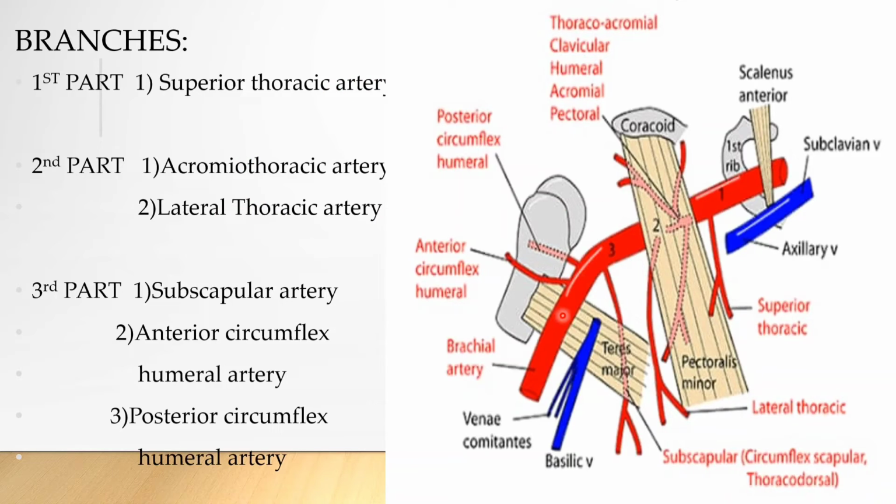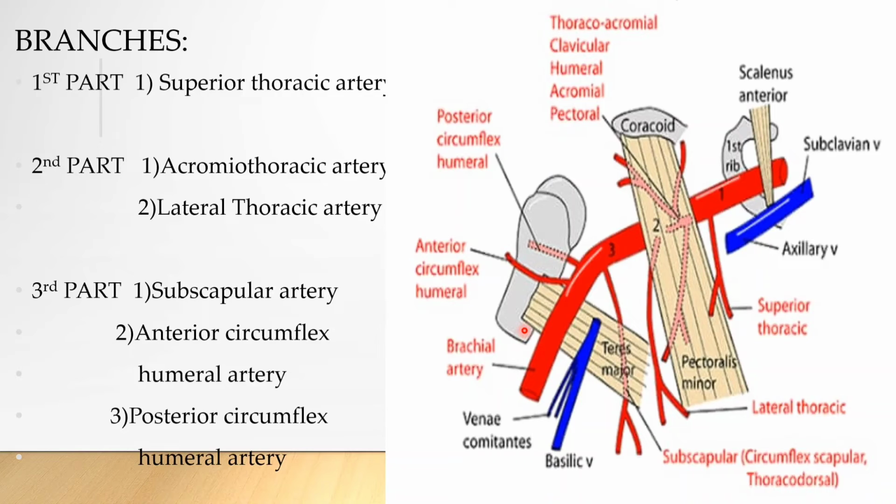Now coming to third part. While coming to third part, we will find here the arm. The arm starts here. Here the shoulder we can say. Coming to arm, here we will have subscapular artery. This subscapular artery, it is posteriorly, it goes to scapula. That's the difference. I will explain it later. Next, coming to anterior circumflex humeral artery. See here at the neck of the humerus, we will find an anastomosis.